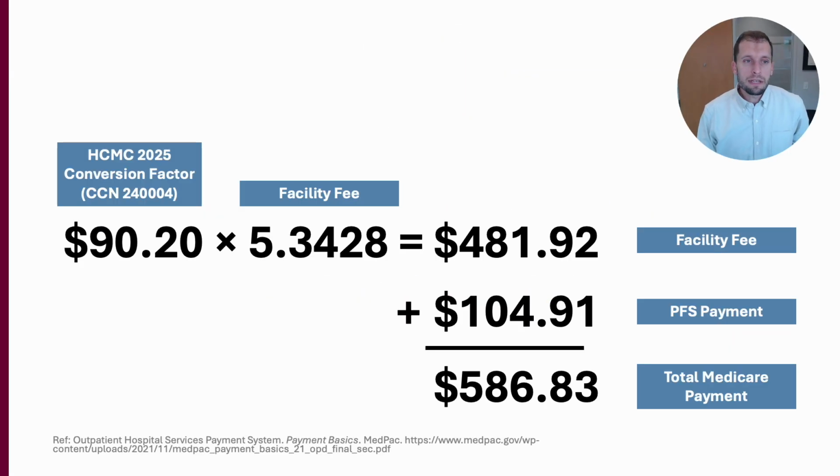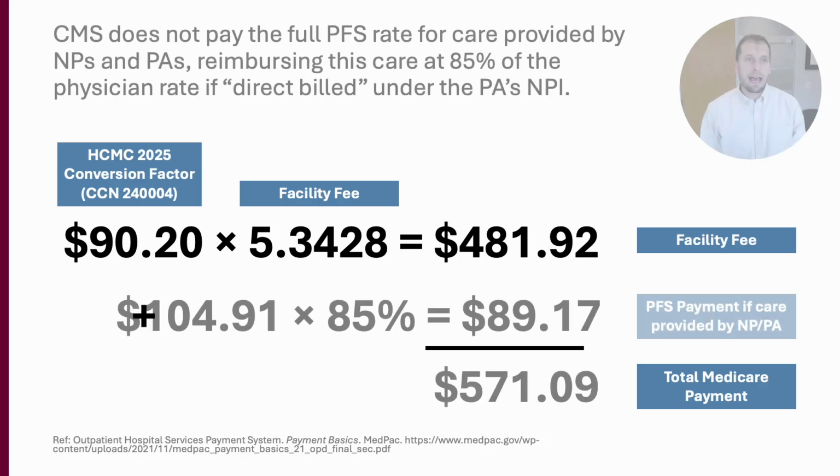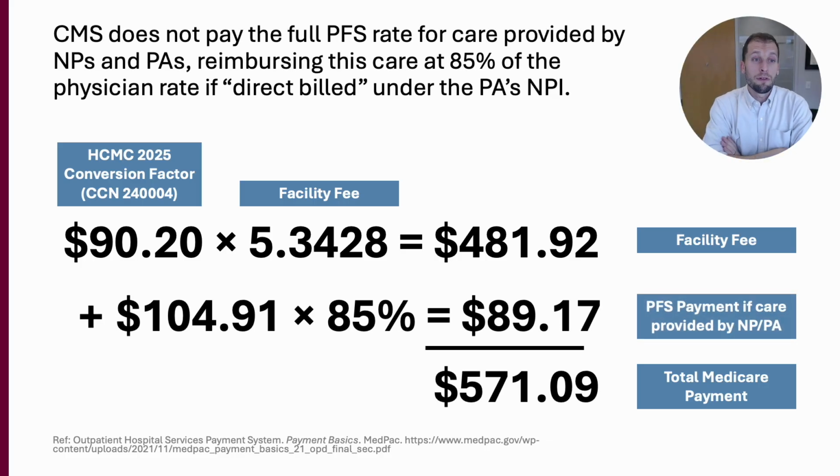Okay, so this was the calculation that I showed for that simple laceration repair. And the reality is that CMS does not pay the full PFS rate for care provided by NPs and PAs.